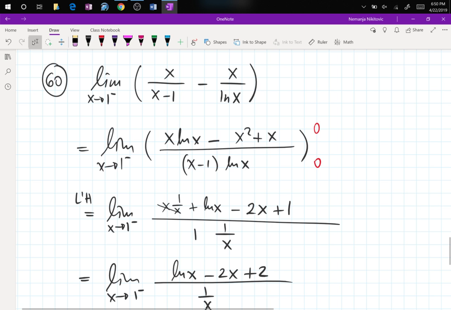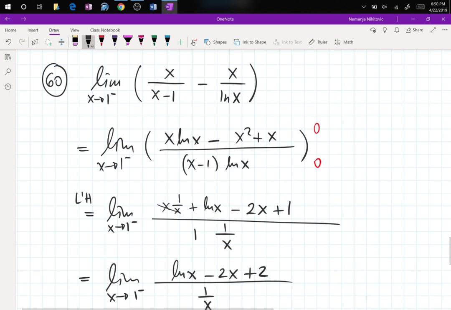Cross multiply. x minus 1, I said that's ln x, that's x plus x. It's 0 over 0 because when this is 1, that's 0. So that's a 1. Minus 1 plus 1, that cancels, so 0 over 0. Derivative.